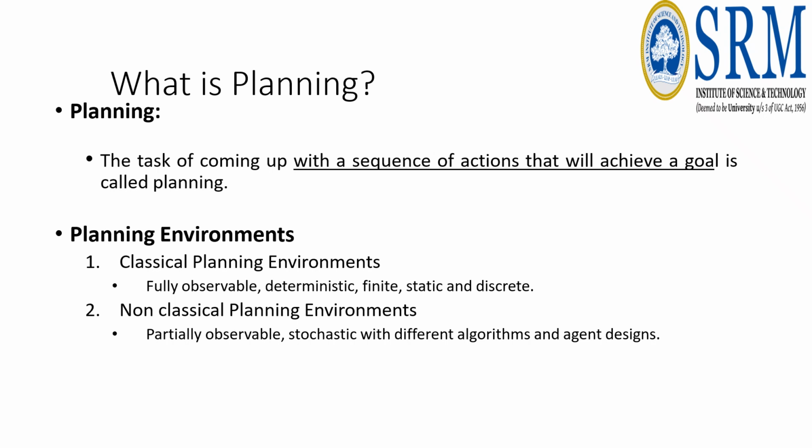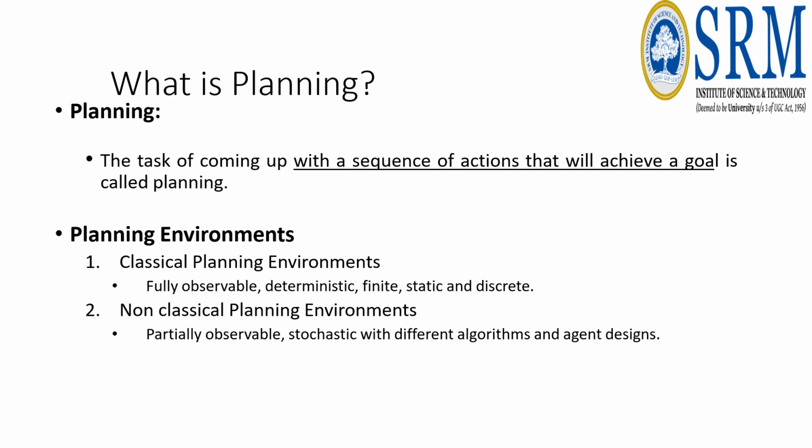The task is mainly used for a set or sequence of actions. It starts from the initial state and ends with the final state. So we start with the initial state given as input, and from there to the output state, we reach the particular goal, from the problem to the solution.